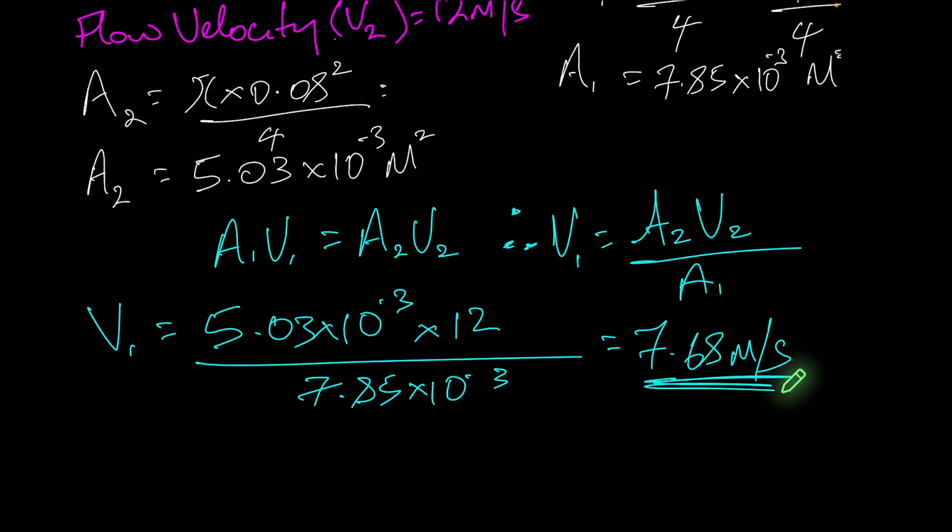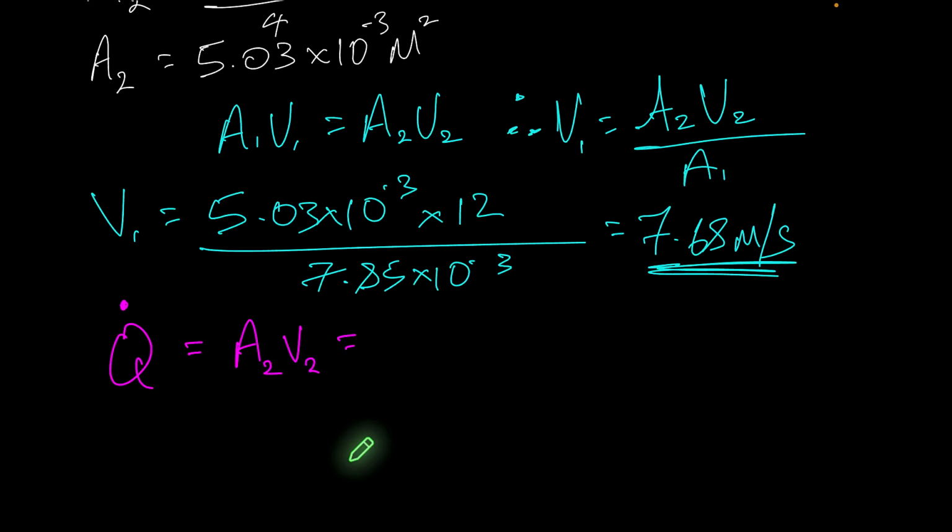So to go on then to evaluate our volumetric flow rate. For this, the symbol is Q with a dot above it like that. And it's equal to, we can either use A2 times V2 or A1 times V1, as they should give us the same answer because we have a steady flow system. So our answer here is 5.03 times 10 to the negative 3, and this is representing our A2 value.